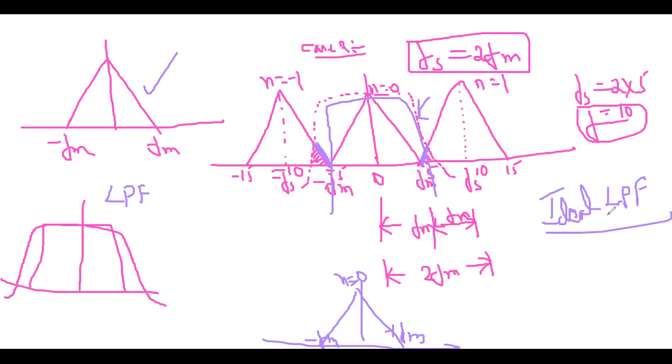Now, the other case: it satisfies only fs greater than or equal to 2fm. The original signal is not recovered when the sampling frequency is less than 2fm. Let 15 be the sampling frequency, and I am taking the maximum frequency as 5.